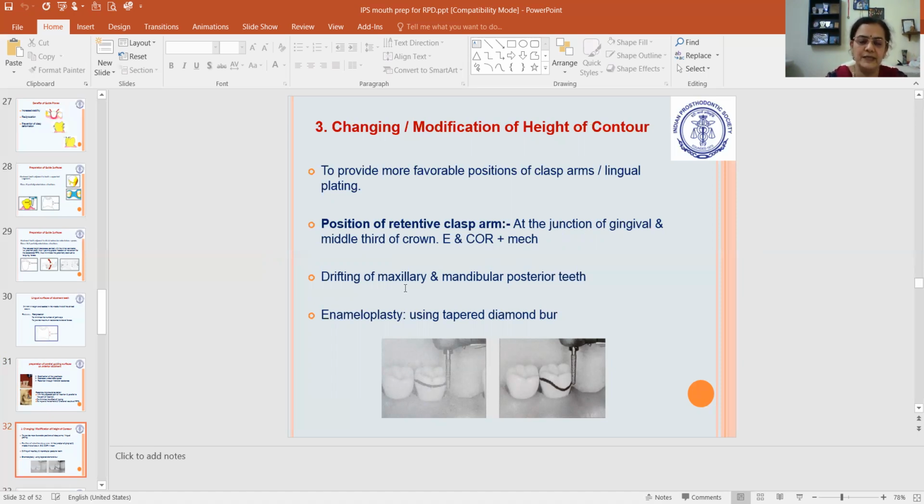So we need to modify this height of contour by positioning the retentive clasp at the junction of the gingival and middle third of the crown, which improves the aesthetics and places the clasp nearer to the center of rotation, and also the mechanical characteristics of the denture are improved. It is achieved by enameloplasty using a tapered diamond bur.